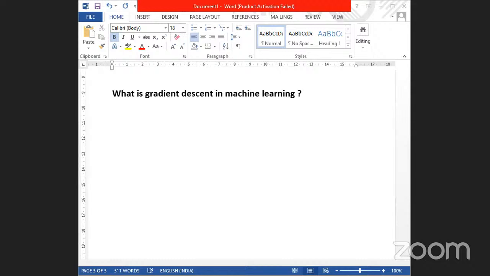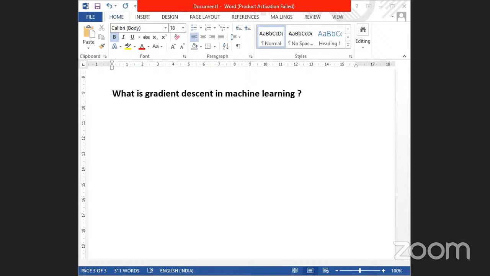So let me tell you the answer. Gradient descent is an optimization algorithm used when training a machine learning model. It is based on a convex function. You tune its parameters iteratively to minimize the given function to its local minima.